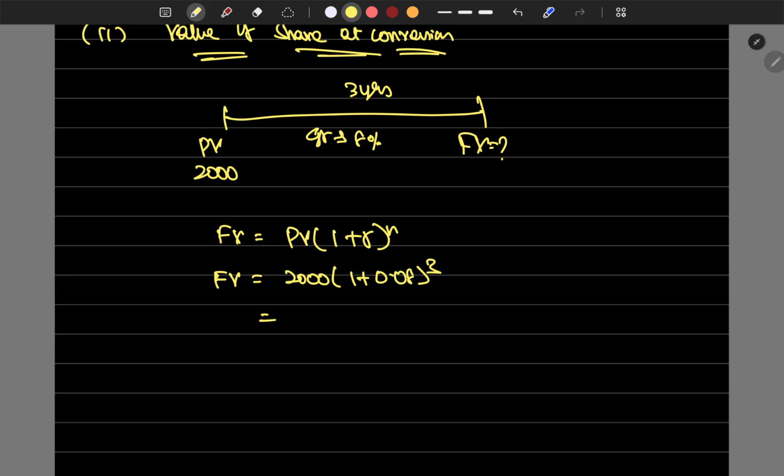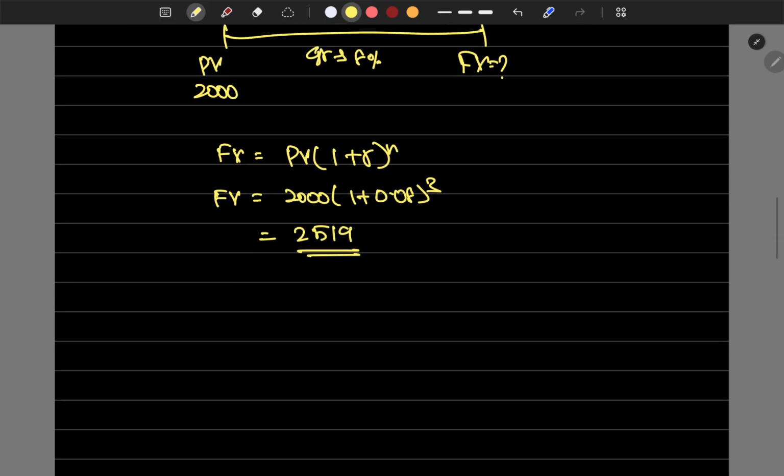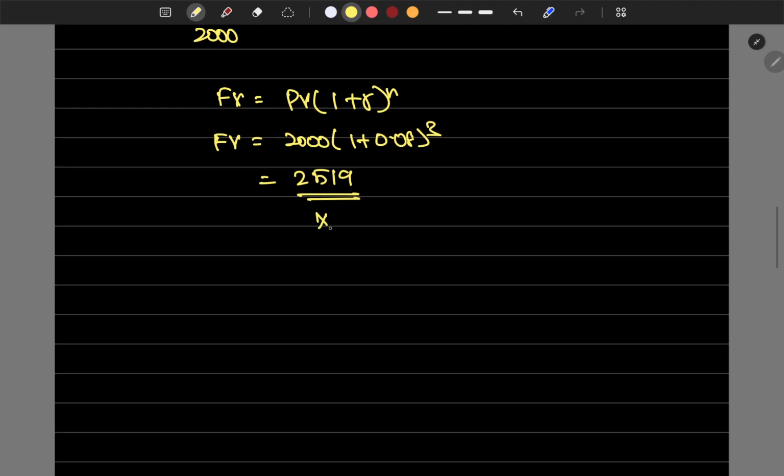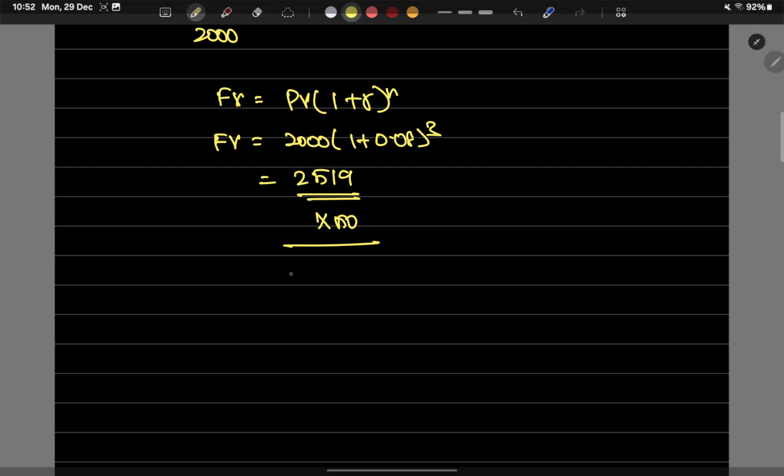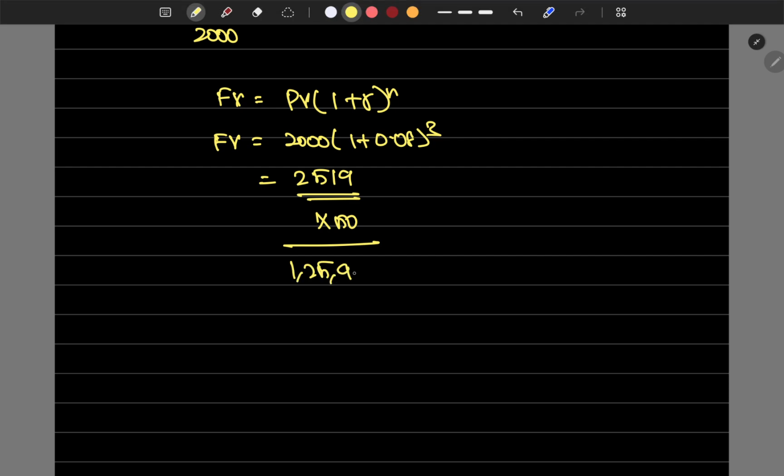Now 1.08 into 1.08 into 1.08 into 2000, which is 2519, the future value of one share, right? Now multiply with 50, which is around 1,25,971, the value of share at conversion.